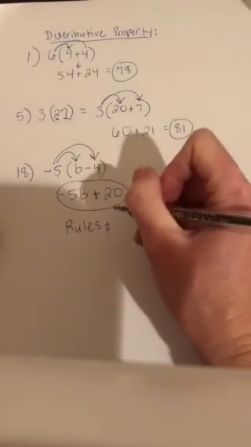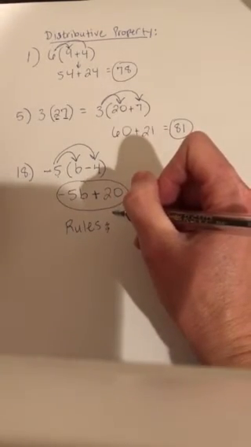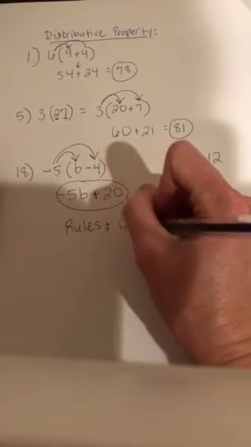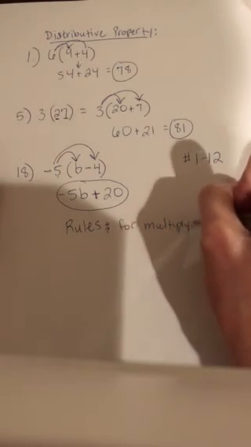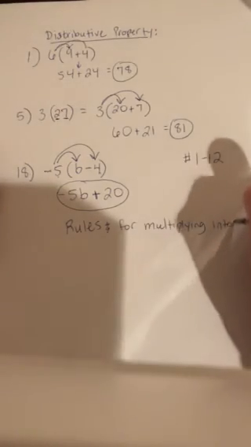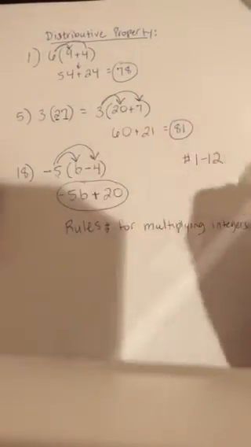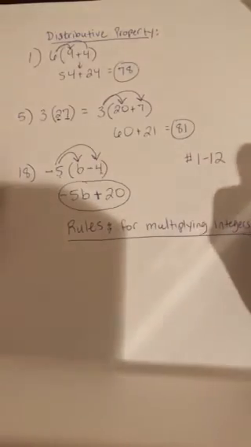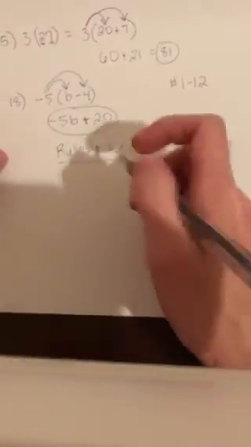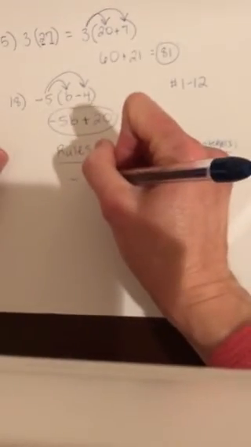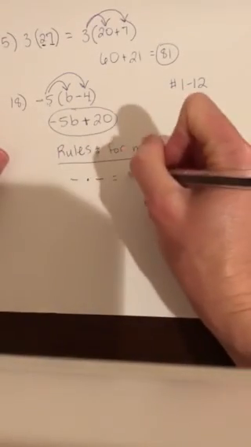Let's say rules for multiplying integers. I'm actually pretty sure you've got this in your notebook somewhere. Okay, so a negative times a negative is a positive.